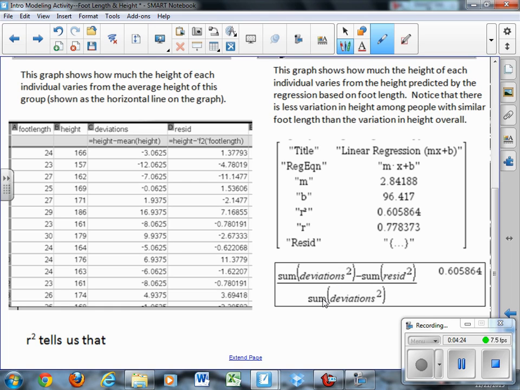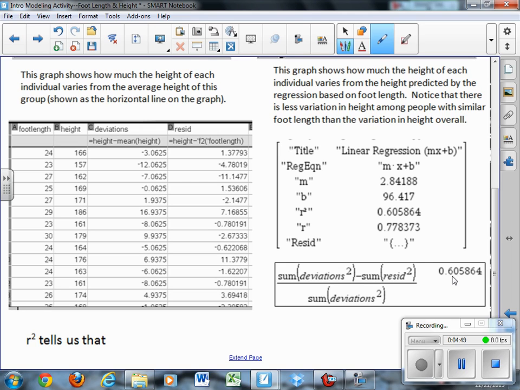That's exactly what it is. I'm taking the amount of error, the difference in the two, relative to the sum of the deviations, and I'm saying that the percentage of the deviation that is removed by using the foot length as a basis for making my prediction is 60%.